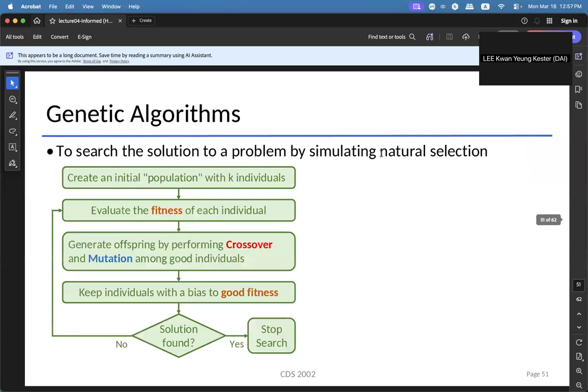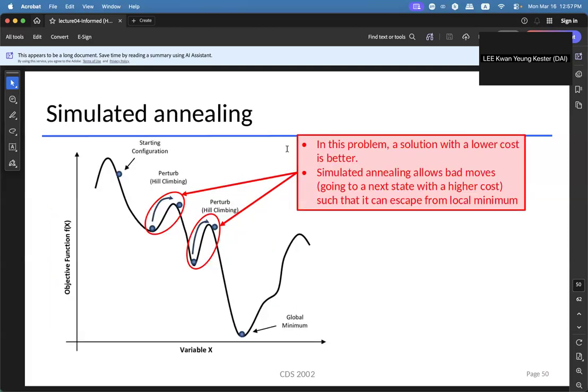And the next algorithm that we want to talk about is genetic algorithm. In simulated annealing, we are trying to cover the search space as much as possible, but clearly we cannot cover all of it.